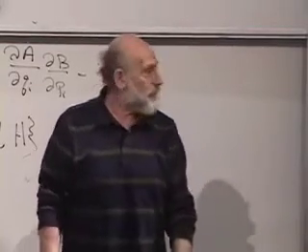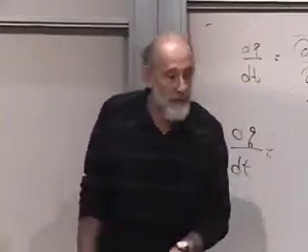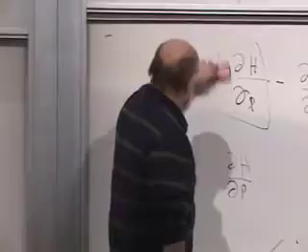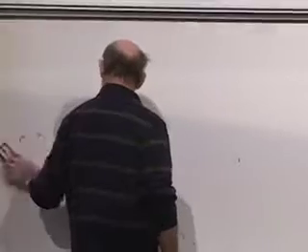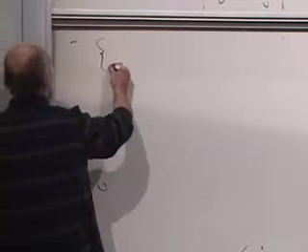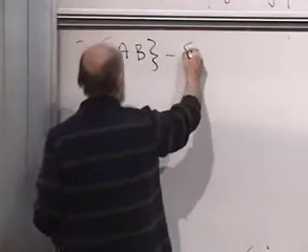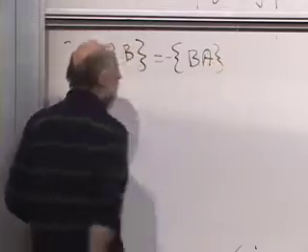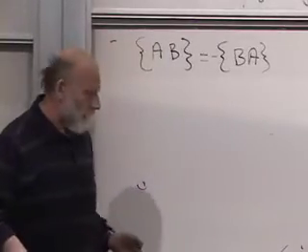Let me tell you a few properties that Poisson brackets have. They're actually sufficient to recover any Poisson bracket that you might be interested in. I'm just going to write down some properties. First of all, we've already encountered one property. A with B is minus B with A. You can think of this as a kind of axiomatization of mechanics based on Poisson brackets.